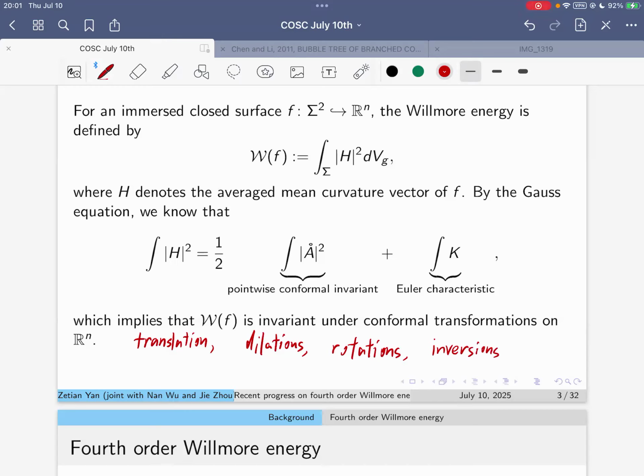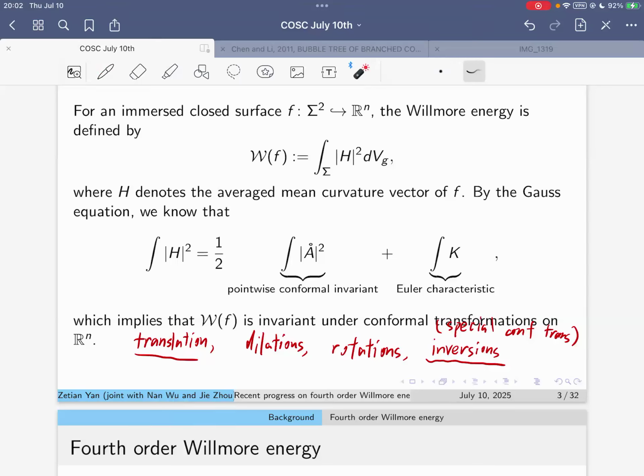So when we apply inversions, we need to compose it with translations. So usually, I should say it's a spatial conformal transformation. It means you can apply the inversion and do the translation and apply another inversion. Okay, so the orientation will be preserved.